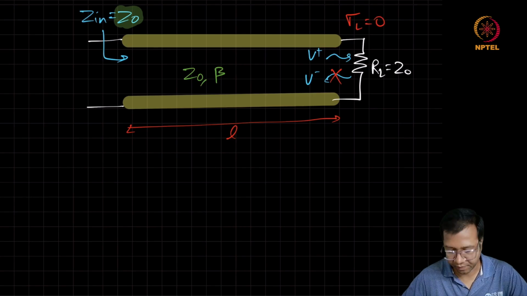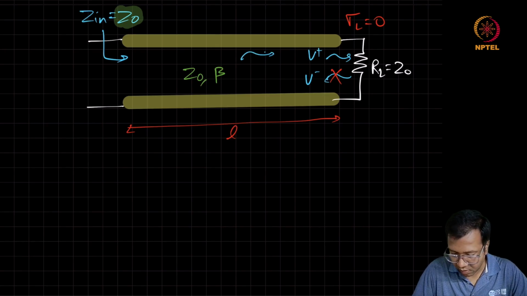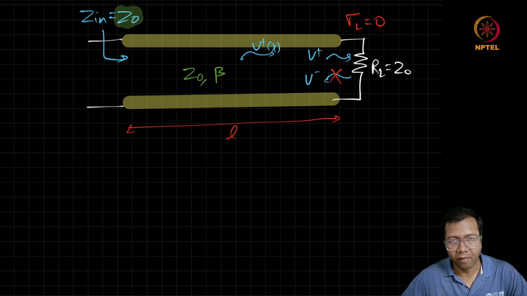So there is no reflection. As a result, at any point along the line, there is only a forward traveling wave, and no traveling wave going from load towards the source side.